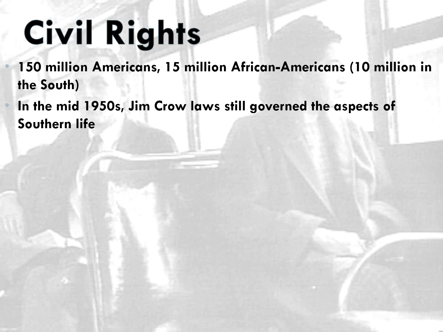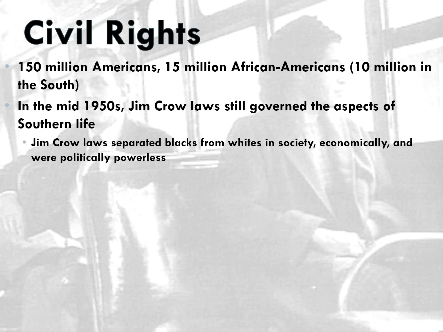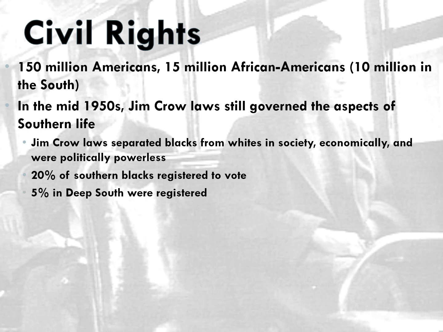Jim Crow laws govern every aspect of Southern life, separating blacks from whites in society, economically, and politically, leaving them politically powerless. 20% of Southern blacks are actually registered to vote. In some areas in the Deep South, as little as 5% registered. That's political powerlessness.